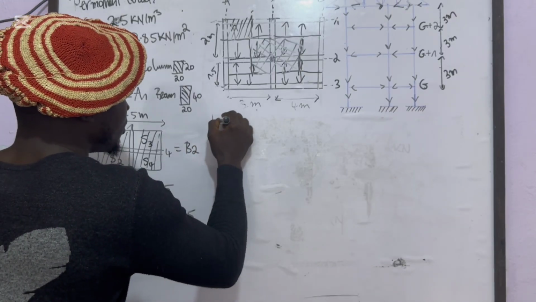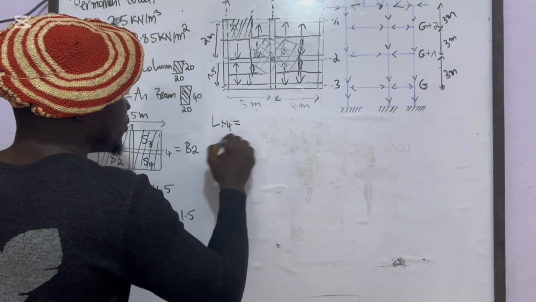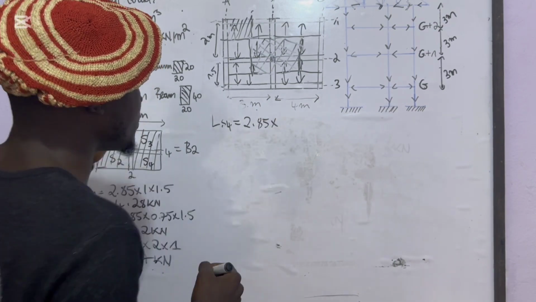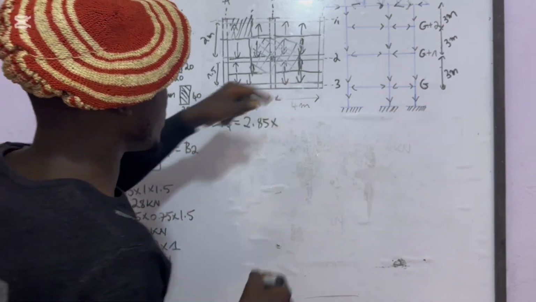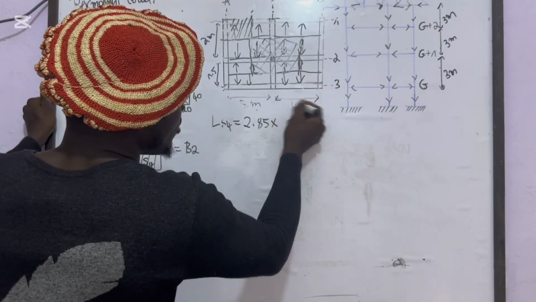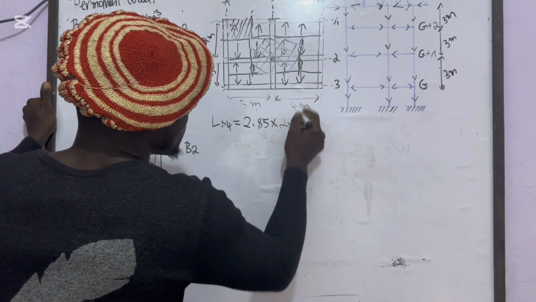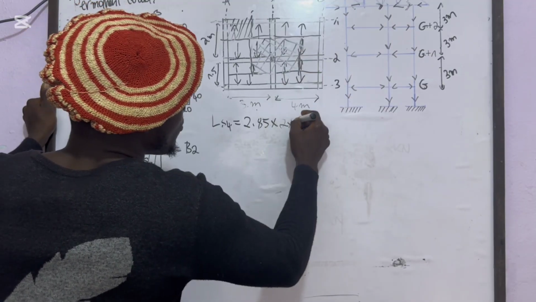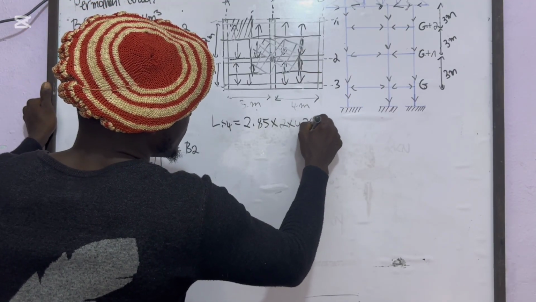We'll also look for the load of surface area 4, which is 2.85 also, times the length. S4 is down here, so the length is half of the 4 meter span, and the width is half of 1.5 meter, which is 0.75.